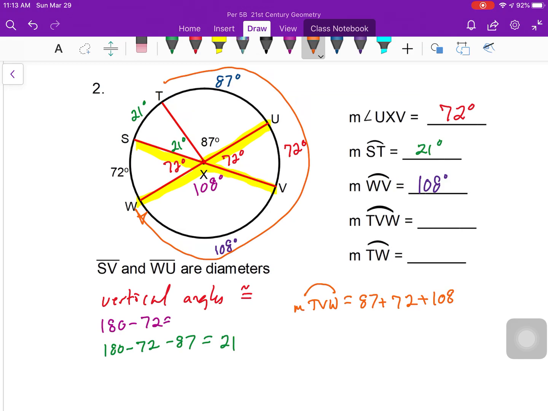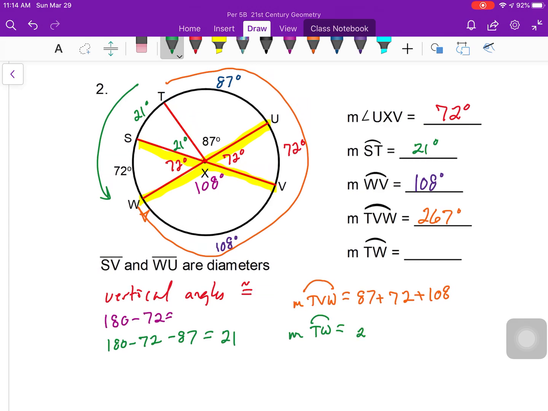That's 267. And arc T to W. Measure of arc TW. Okay, TW, 21 plus 72. So 93.